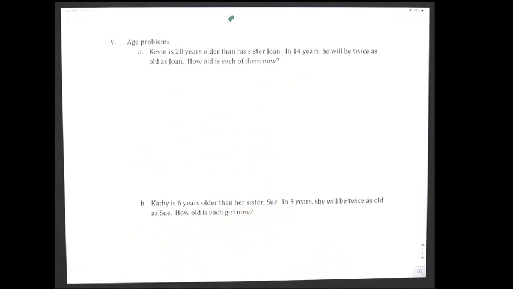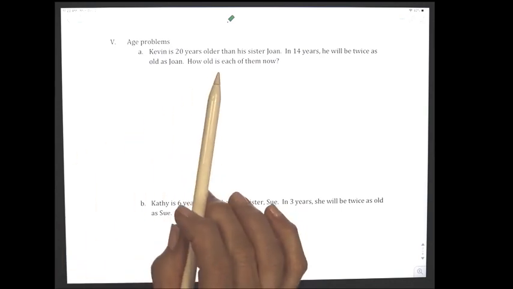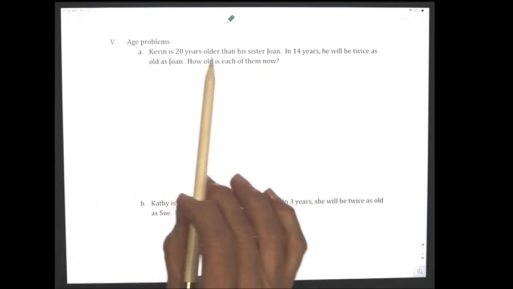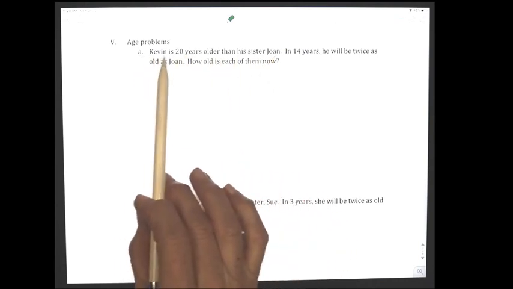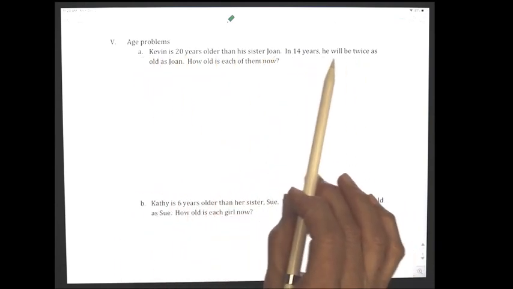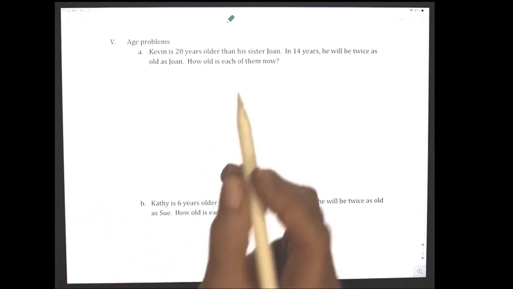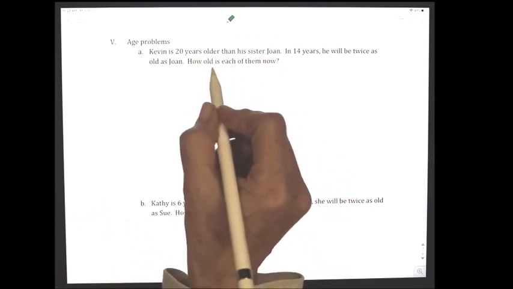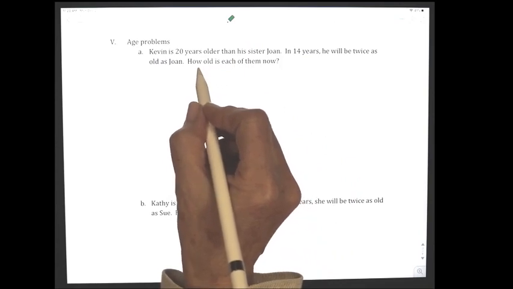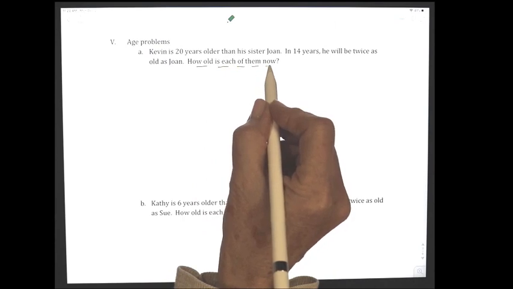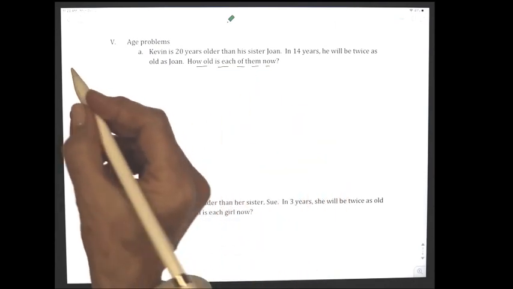So you've got a time interval here. You're looking for their ages now. We know a little bit about them now, but we also know some things about them in 14 years. So I think what I'm going to try and do is chart this for you, put it in some sort of a little organization. I'm going to go to the end and see what I'm looking for. I'm looking for their current age.